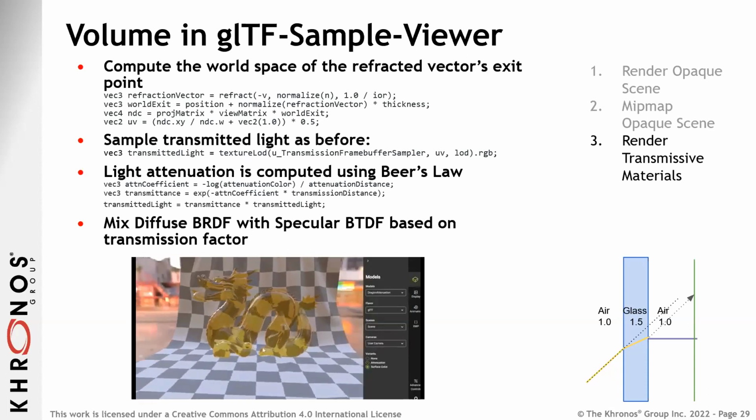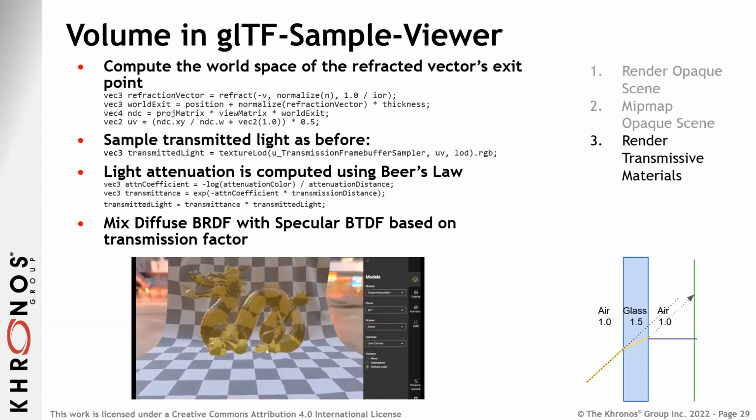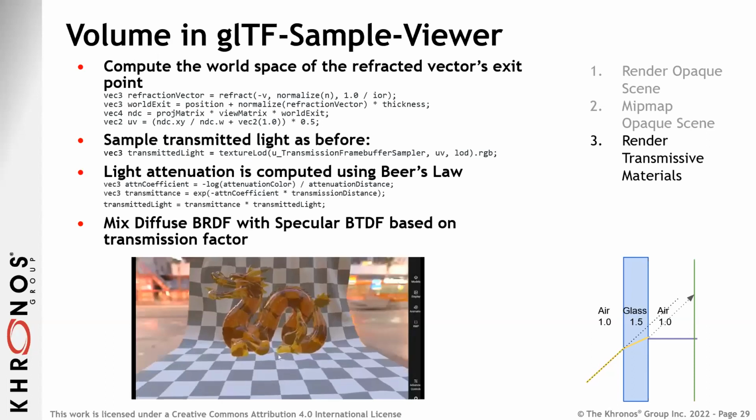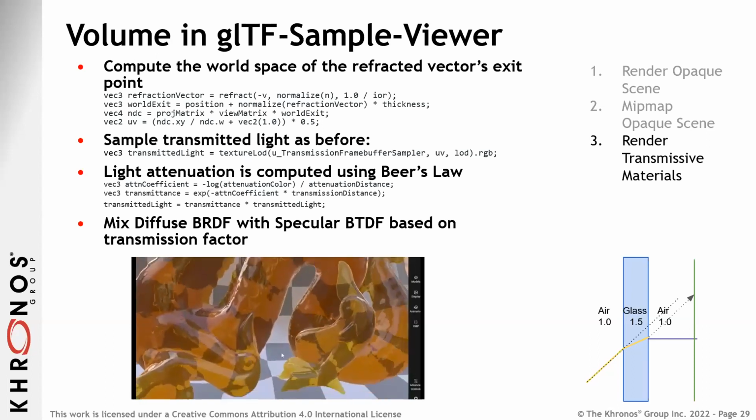So now we can look up into our off-screen texture and sample the light that can potentially be transmitted through the material. But before we just render that color from that off-screen buffer, we also will be attenuating the light and are going to be left with that remaining light that survived the absorption.